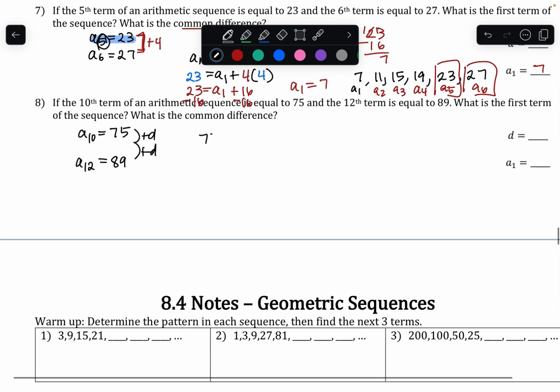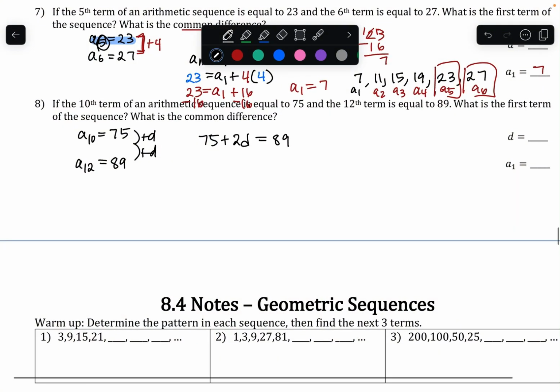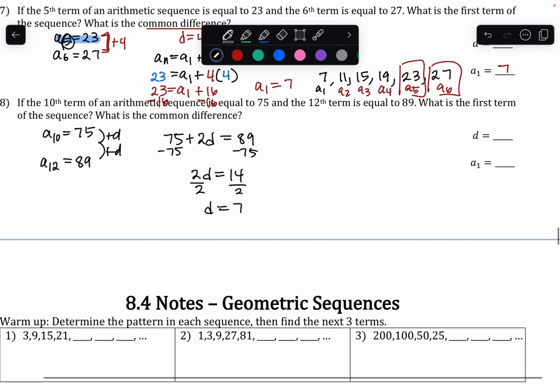And so we can think of that as 2D, D plus D equals the 89. And so if I subtract 75 from both sides, and then divide by 2, I can see that D is 7.